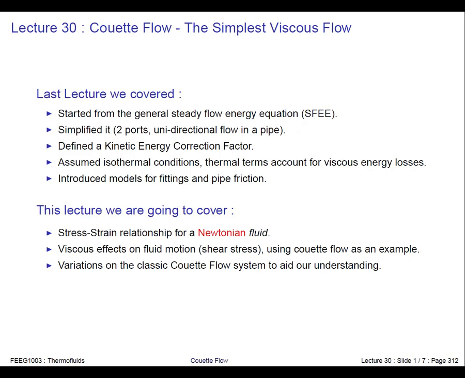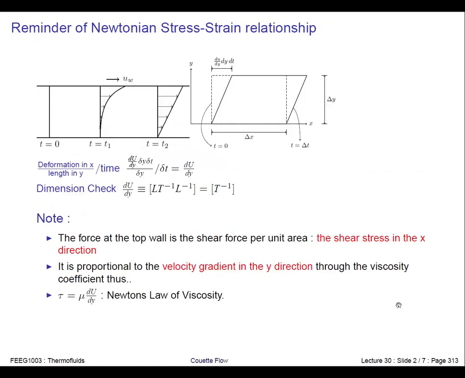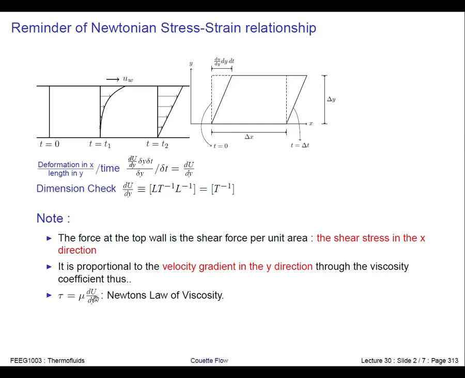Okay, so just to remind ourselves what we've got, we are going to assume that Newton's law of viscosity holds, and that's the shear stress in the fluid. It's equal to the viscosity coefficient. So this controls the rate at which momentum can diffuse, and this is the rate of strain of fluid.